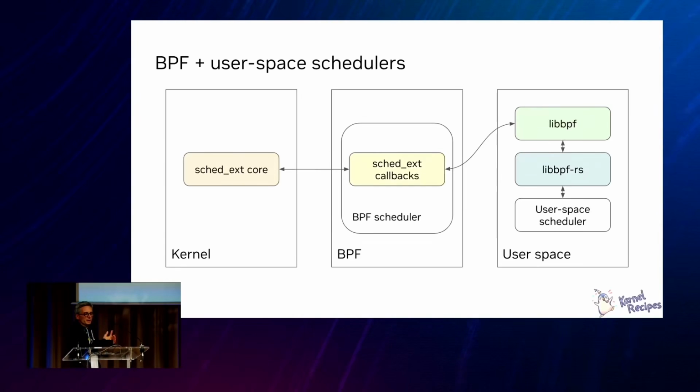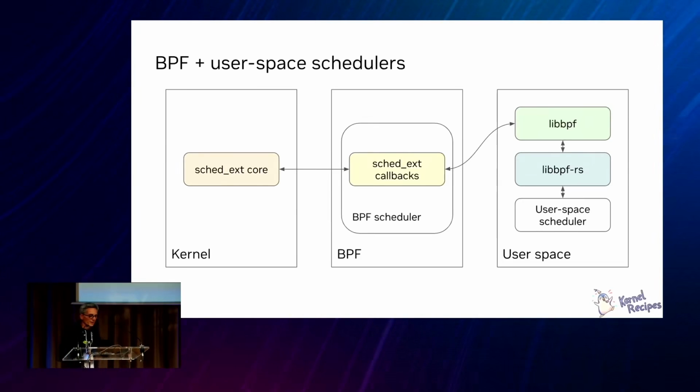And typically in BPF, you just implement some callbacks. There's a callback, for example, when a task wants to run. There's a callback when a CPU is available, and you can do something with that CPU. So at the end, the SCHEDX scheduler is just an implementation of callbacks, similar to a module, essentially.